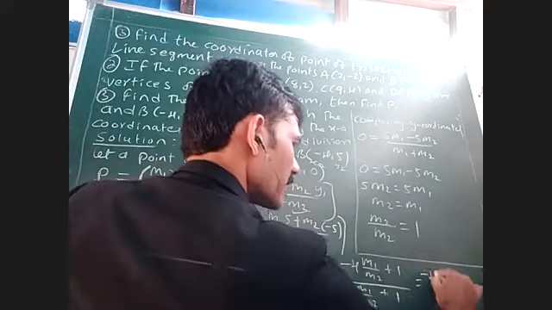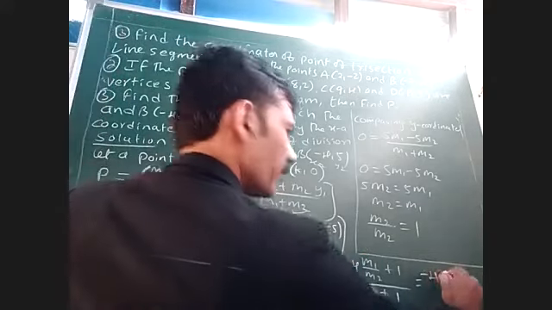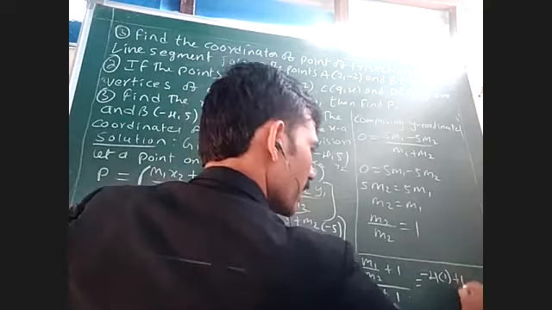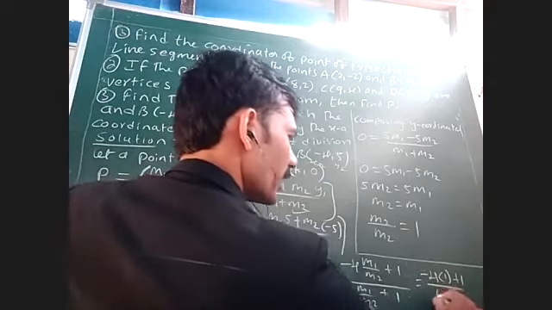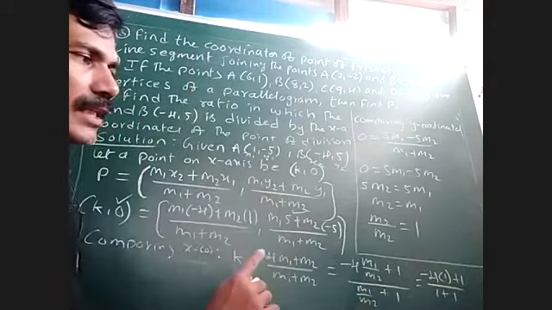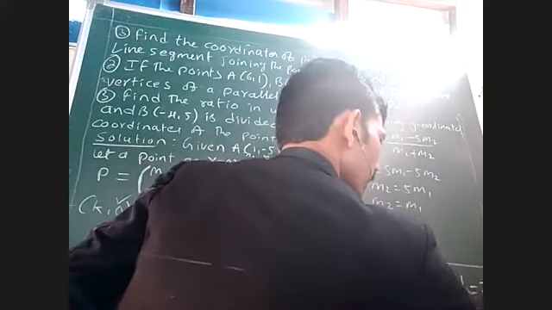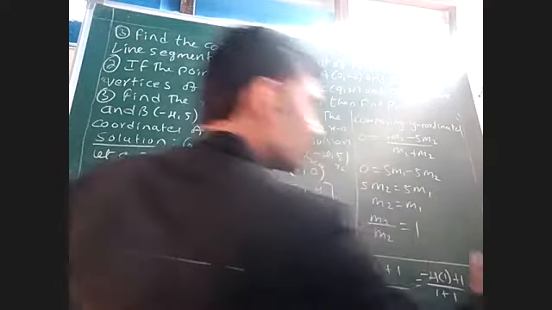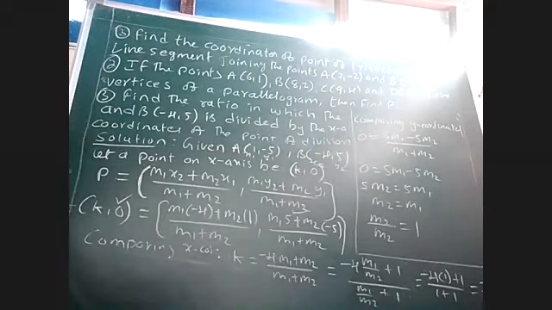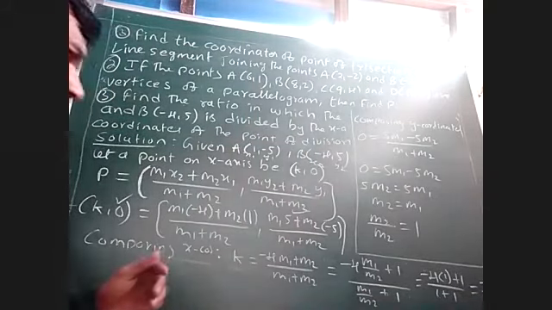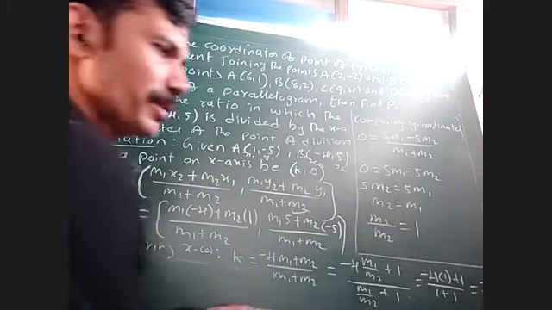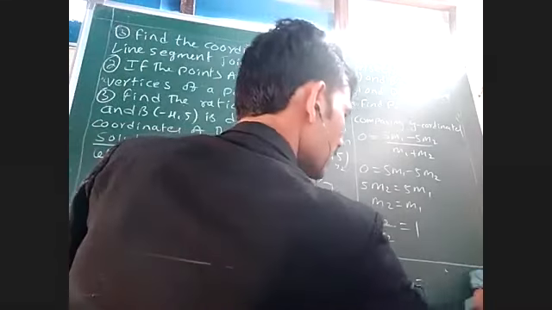So minus 4 times the m1 by m2 value of 1, plus 1, whole divided by 1 plus 1. Minus 4 plus 1 means minus 3, and 1 plus 1 is 2. So the k value we got is minus 3 upon 2.